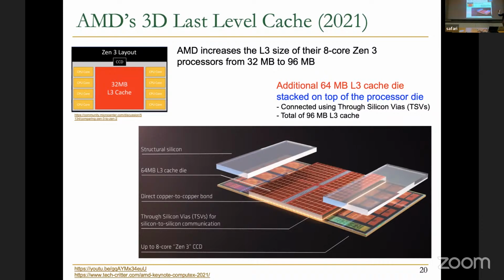But even more recently, last year, they added a new layer of last level cache to make it larger, from 32 megabytes to 96 megabytes, by placing another layer on top of the existing L3 cache. So you see how much of the system is taken by the memory and storage.